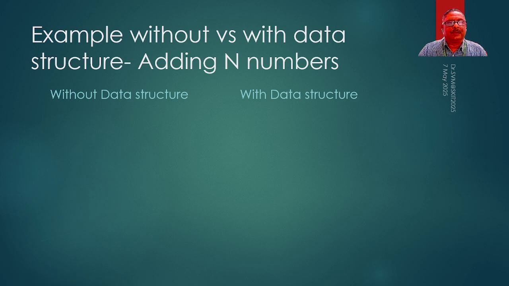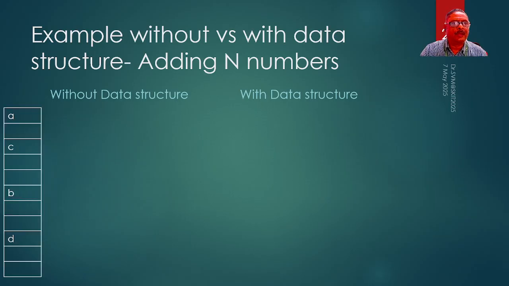So just want to see what all we discussed as an example, why data structures are required. So let's take an example of adding n numbers. Say we have four numbers with us, A, B, C, D, and they are located somewhere in the memory.